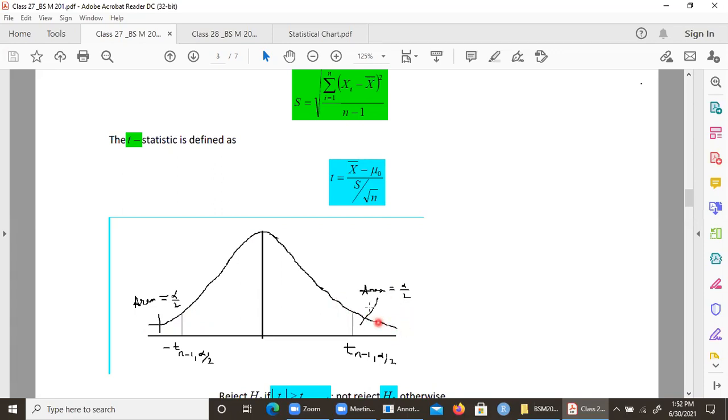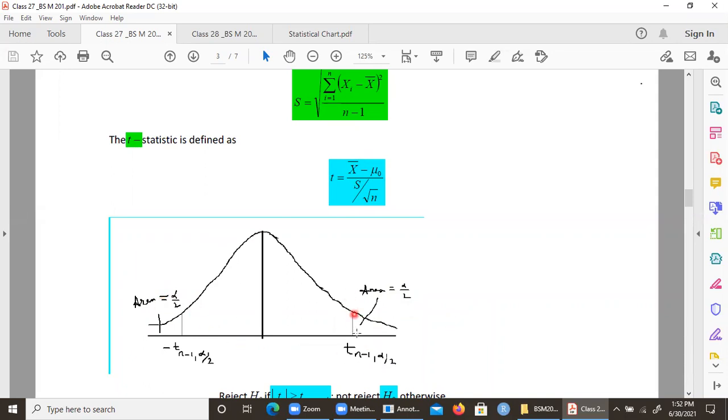So this area on the lower end will have the probability alpha by 2, and this area on the upper end will have the probability alpha by 2, so that the total probability is alpha. Total level of significance is alpha.